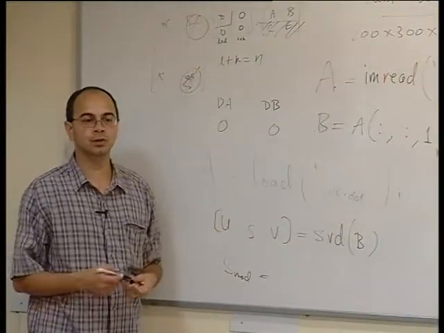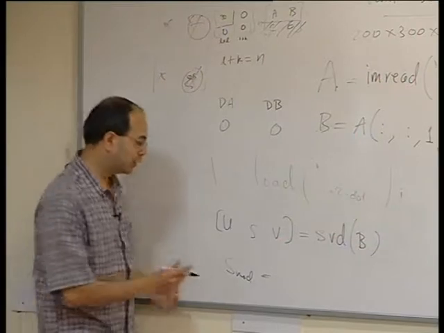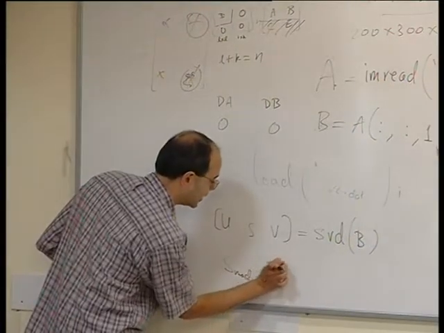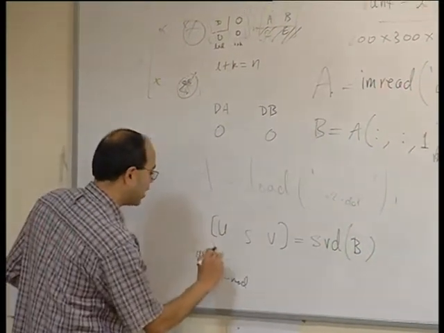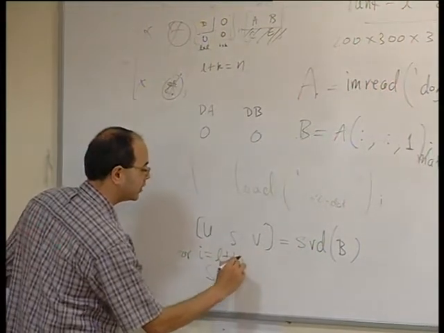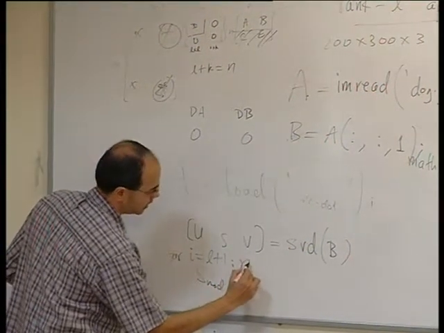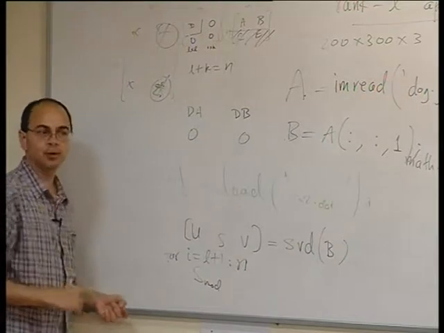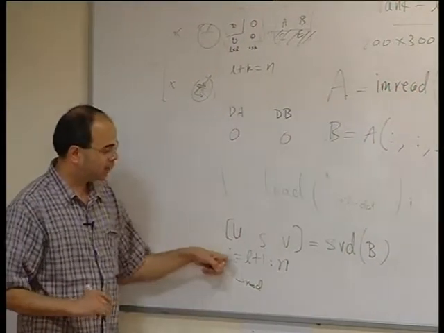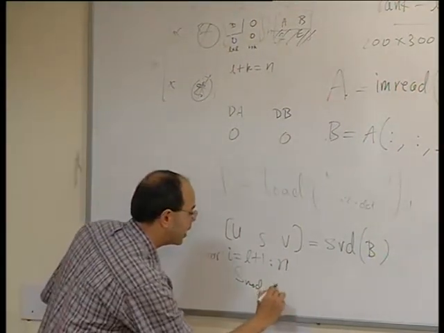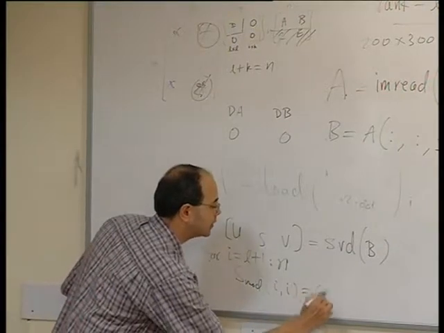There are many ways to do it. One way is to say, for i equal to L plus 1 to n, if S is n cross n, S mod (i, i) is equal to 0.